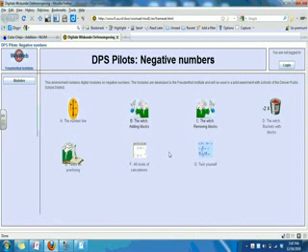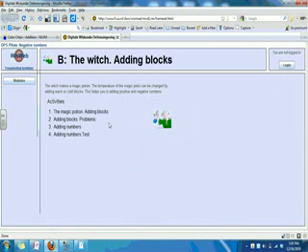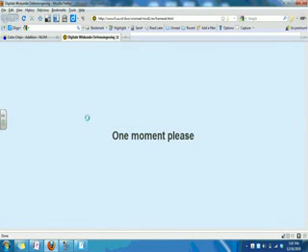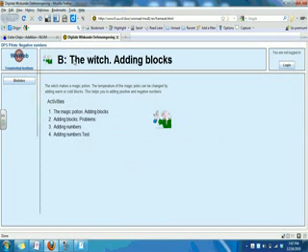You'll call up this site here, and if you click on adding blocks, there will be adding blocks problems. Oops, sorry, that's the wrong one. Let me try this again.